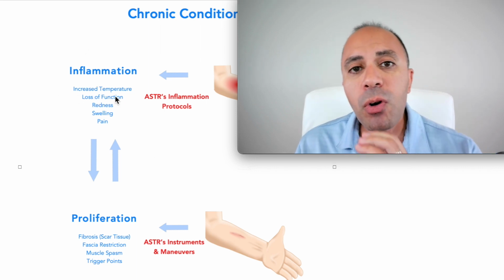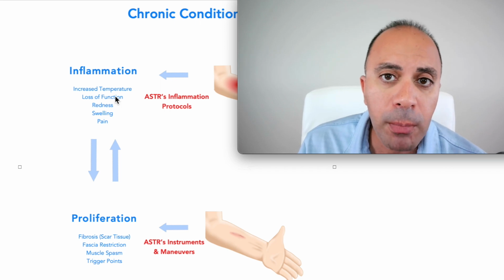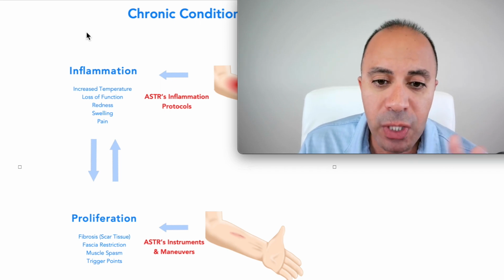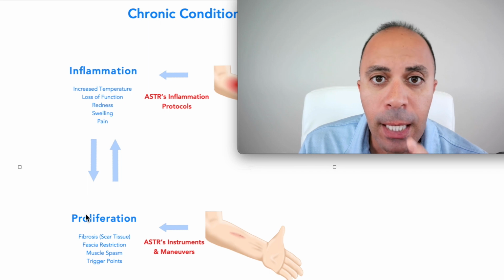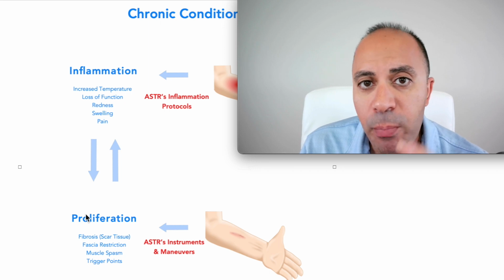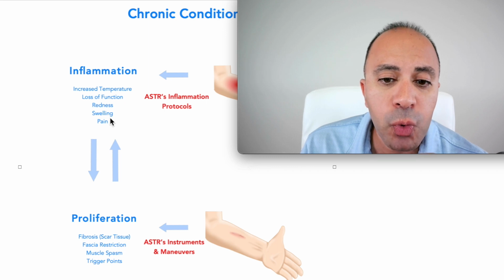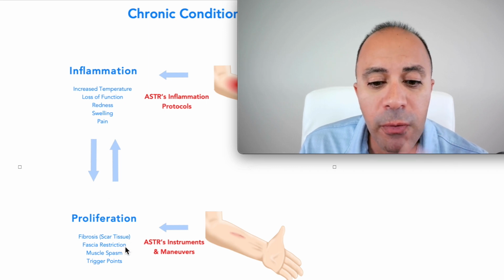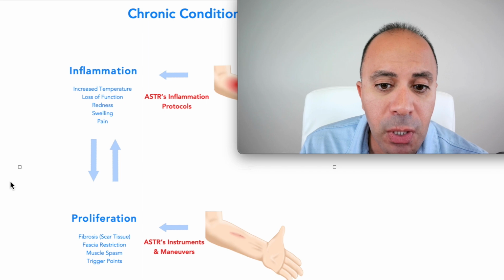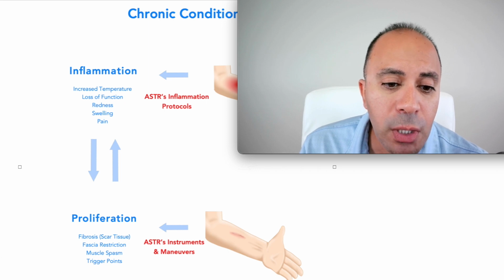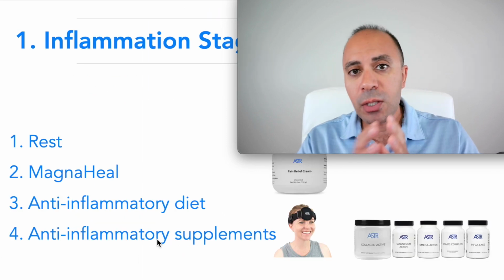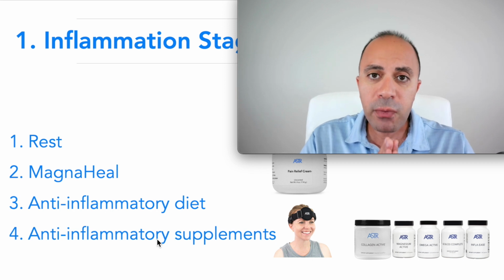So, in order to treat the root cause of the problem, we have to break that vicious cycle from both ends, because tarsal tunnel is compression on the nerve, and that very commonly happens due to inflammation, scarring, fascial restriction, and muscle spasm trigger points. The first thing we need to do is work on the inflammation.